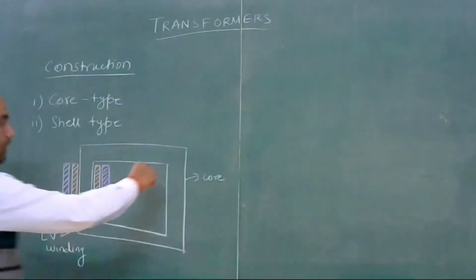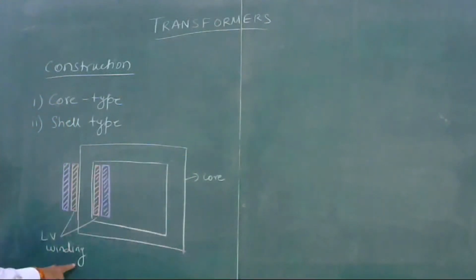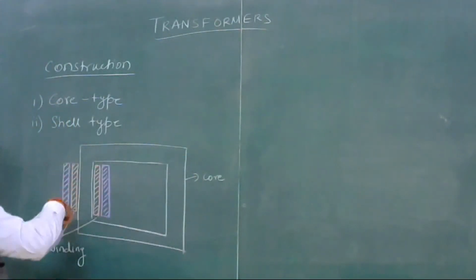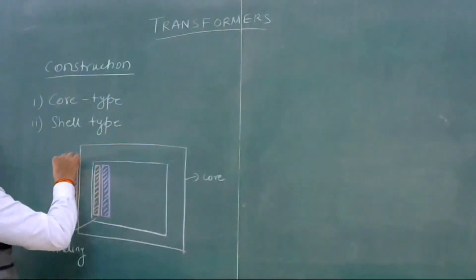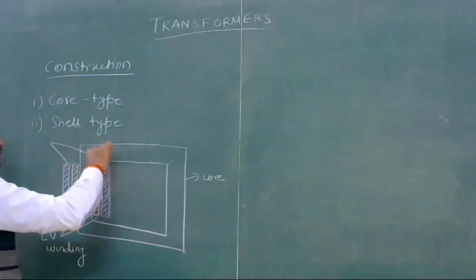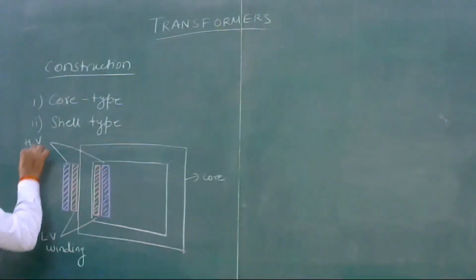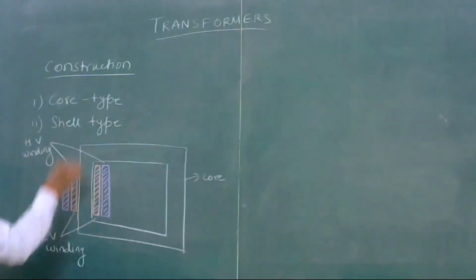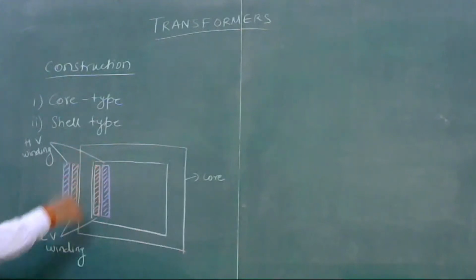So what we do in the limb, we first wound this low voltage winding. Then outer windings, these windings are called as HV windings. So in one limb, both LV and HV winding are wound together.